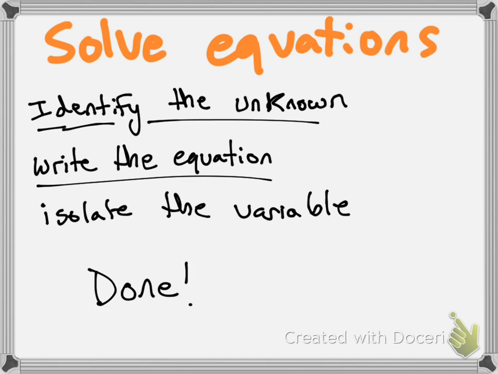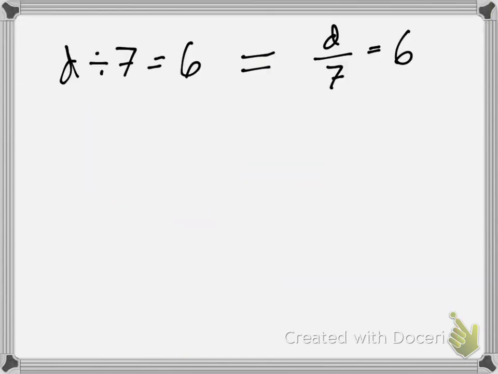That is how we solve equations. So let's see. Here's my problem right here. We know our variable. The variable is D. Doesn't matter what D is, our variable is D. But what's the first step that I need to do here?